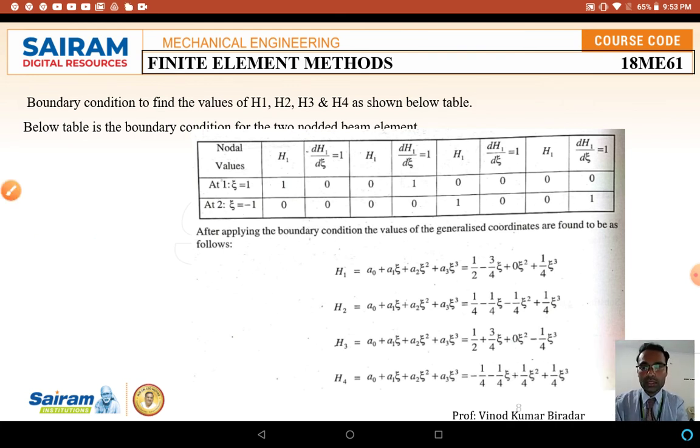So look at here, these are the nodal values at node number 1. The boundary conditions were h1 is equal to 1 and the differentiation dh by d zeta is 0.